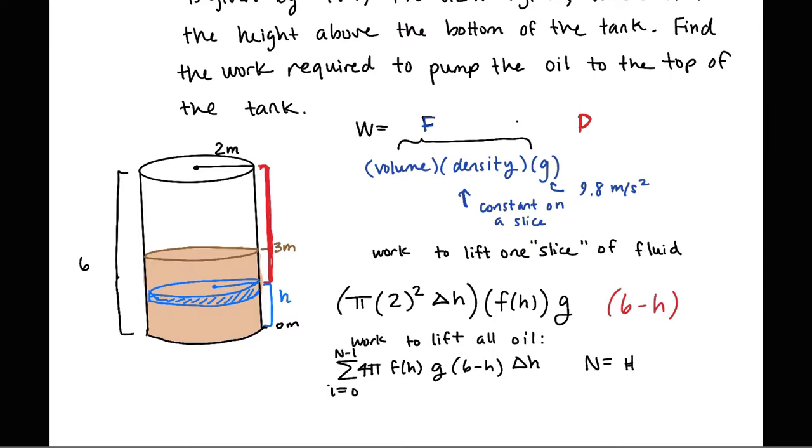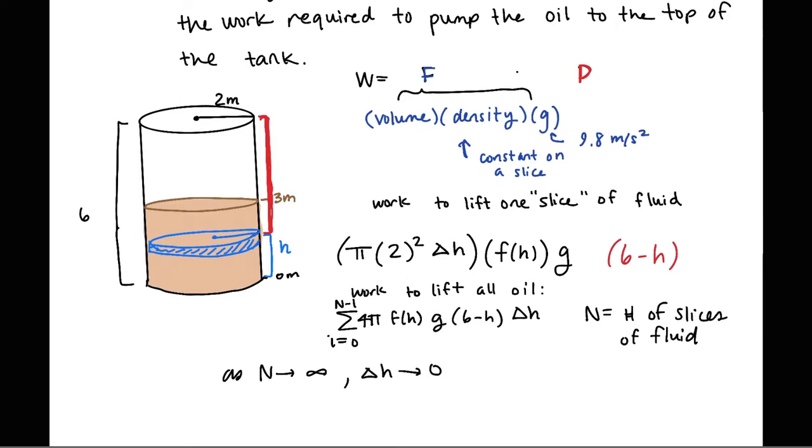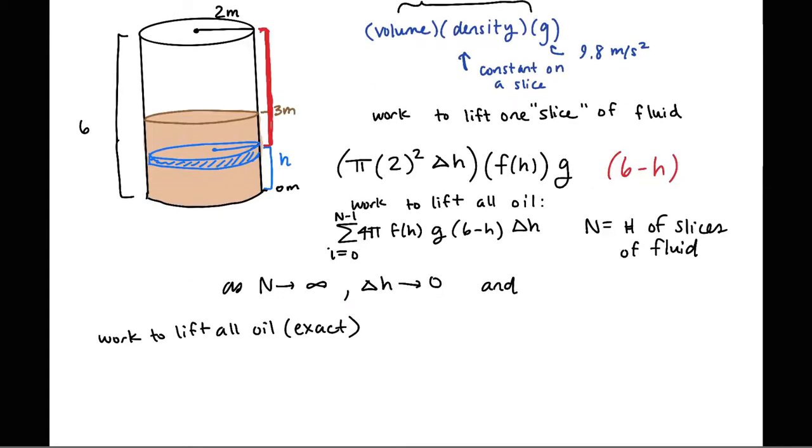The number of slices of fluid, which is contained within that delta h. So as I let the number of slices go to infinity, delta h is going to go to 0, and we get the work to lift all oil. The exact formula is going to be an integral, you guessed it. In this case, it's going to be 4 pi.